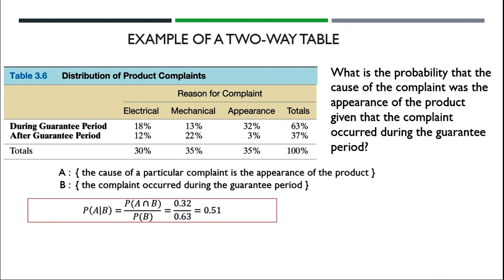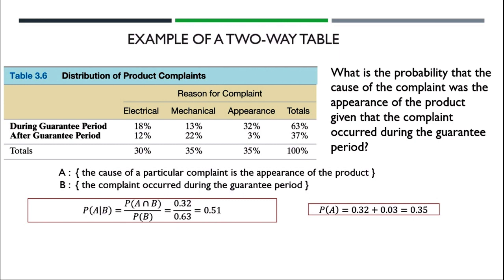Let's go back to the example to check whether events A and B are independent. As we calculated before, the conditional probability of A given B is 0.51. Only if the probability of A given B equals the probability of A are they independent.